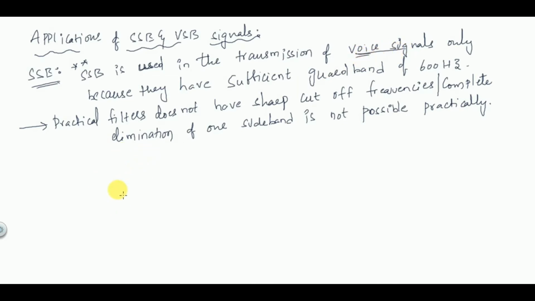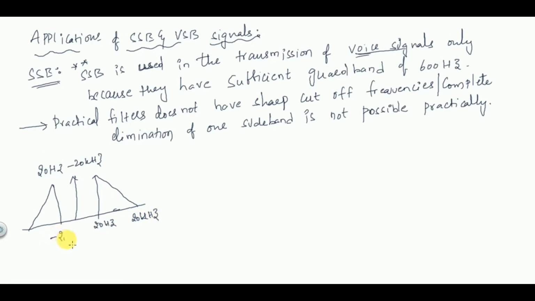Let me explain very clearly. Okay, so if you take an audio signal, its range is from 20 Hz to 20 kilohertz. If you draw the spectrum, it will be like this. Okay, so this is 20 Hz to 20 kilohertz, and this is minus 20 Hz, minus 20 kilohertz. So the guard band here is only 40 Hz.